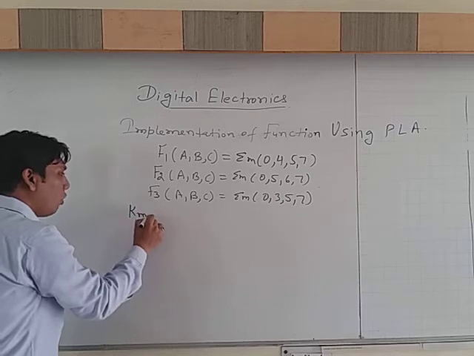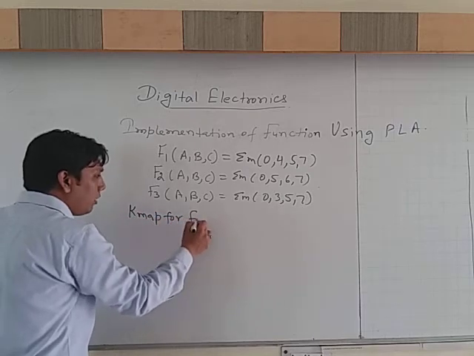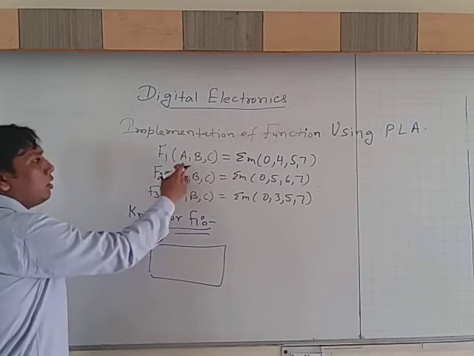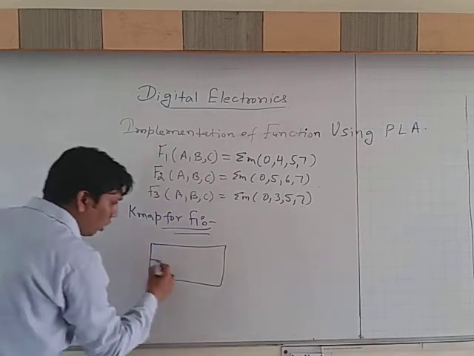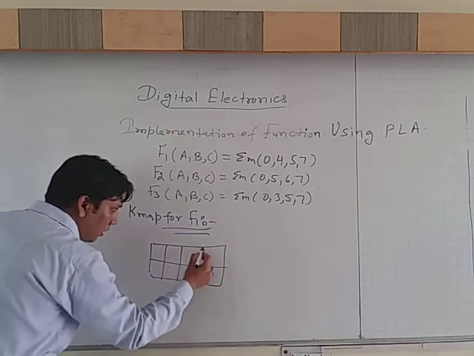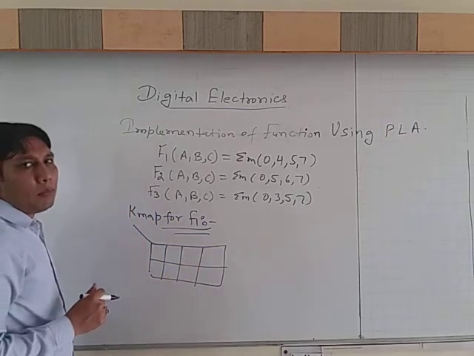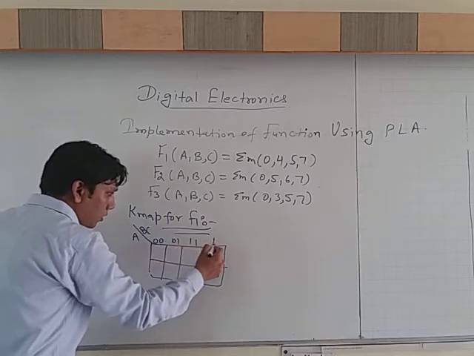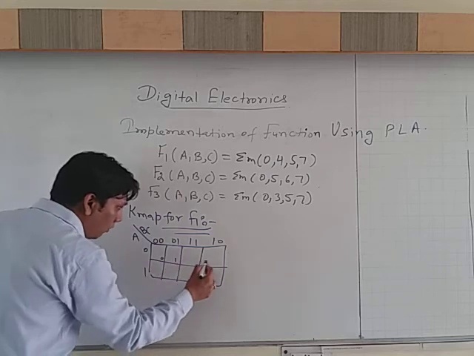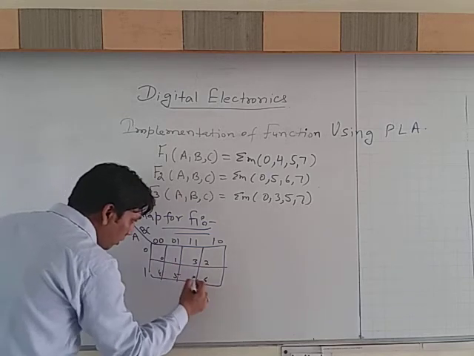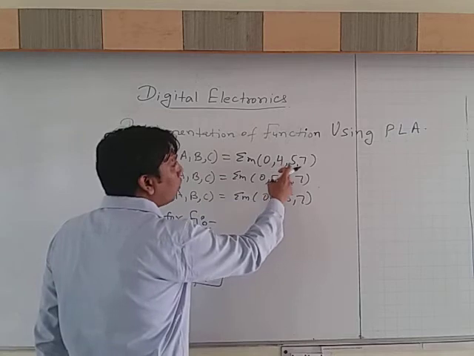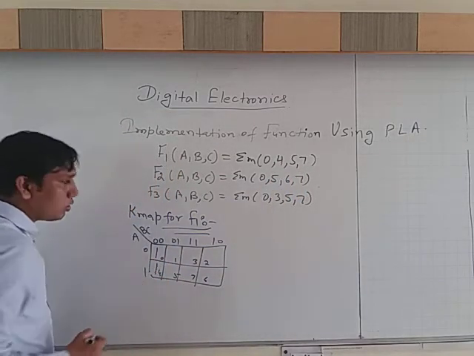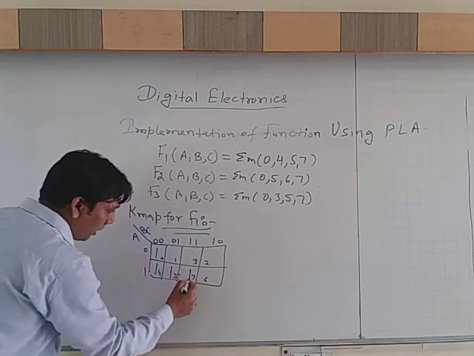So the K-map for f1. It is a three variable function A, B, C, so we will draw a three variable K-map. We have given minterms 0, 4, 5, 7, so we will put 1 over 0, 4, 5 and 7.